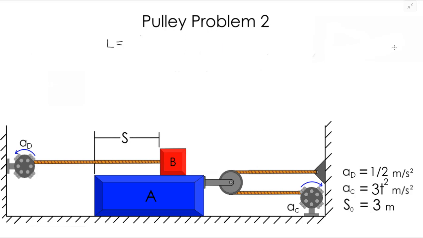Like I said, we're going to start off with our continuity equation. So the length of the rope is going to equal, as discussed before, we'll just write this in right now. This is dA. So we have RC. I was just getting ahead of myself. RC is just going to be the constant portions of the rope, so same thing right there and right there.